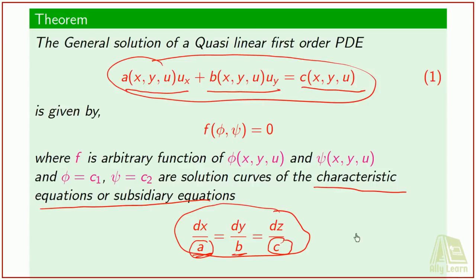So we consider these equations and we calculate two solutions of these equations, which are named phi and psi, and then any arbitrary function of phi and psi will give us the general integral of this quasi-linear PDE.